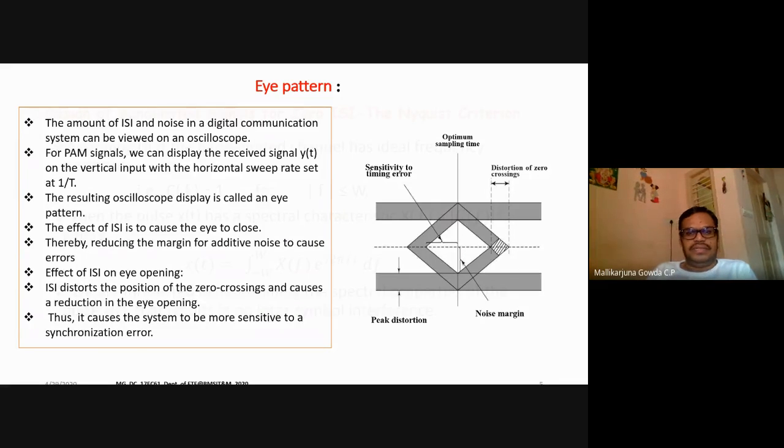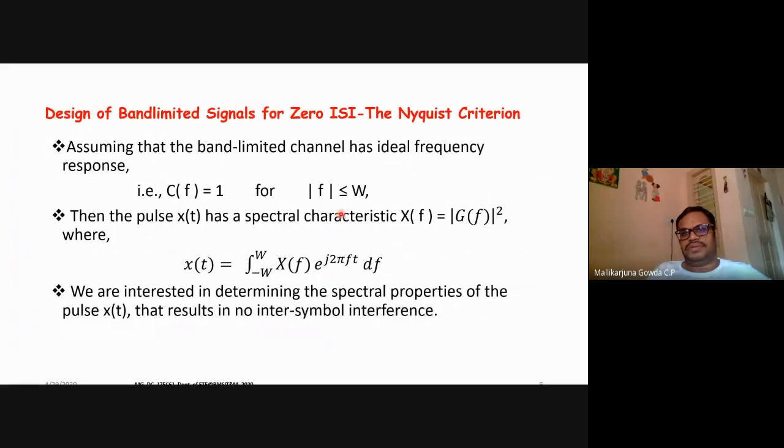Then let me start for today's topic, that is the design of band limited signals for zero inter-symbol interference. So what is the Nyquist criteria?